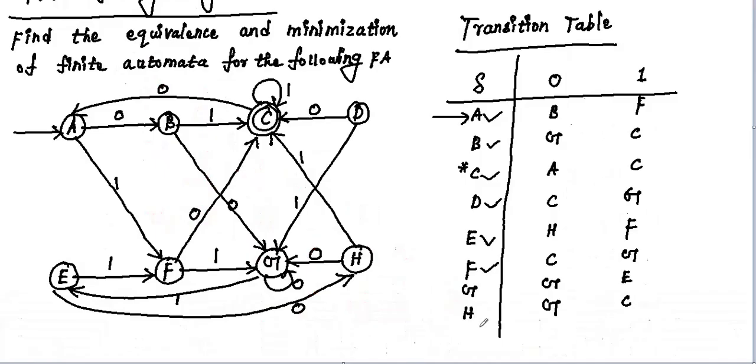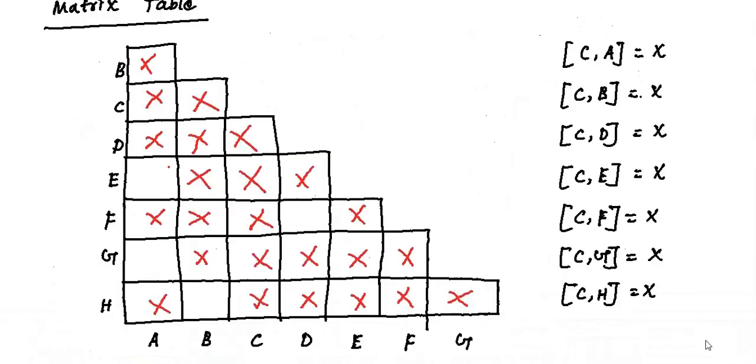Look at the transition table. So we have done all the distinguishable states. After that there are no states. Coming to the matrix table, in this matrix table, see the distinguishable states, and we put a cross mark in all the places.